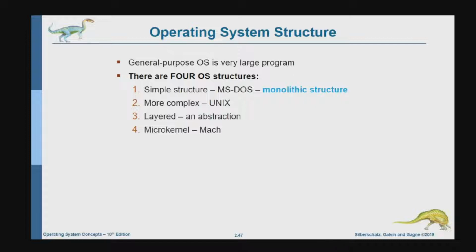This one is the simplest of the operating system structures compared to the others. Then we have the second part that we call more complex, UNIX. And then layered and abstraction, and microkernel. So these are the four structures of the operating system.